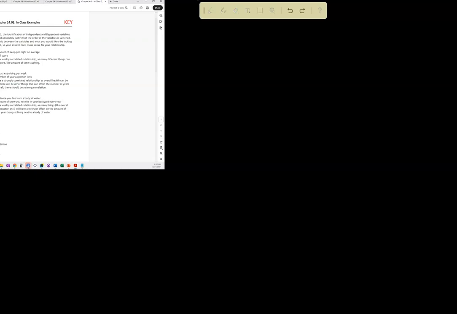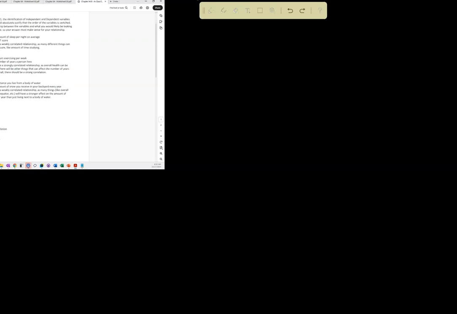B, yeah, seems like there's no correlation here at all, right? So you can't really say anything about any of them. How about C? Positive, linear, and strong. I agree.